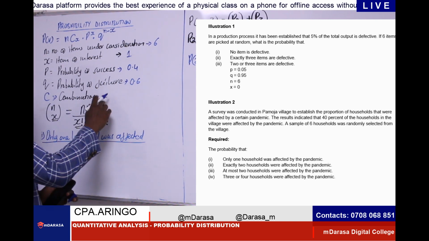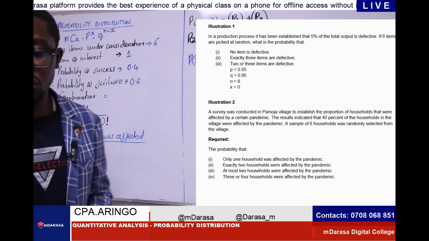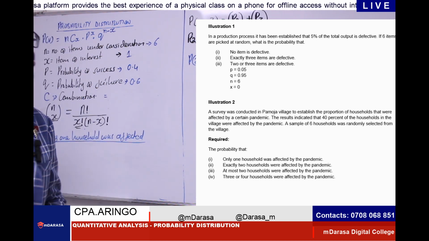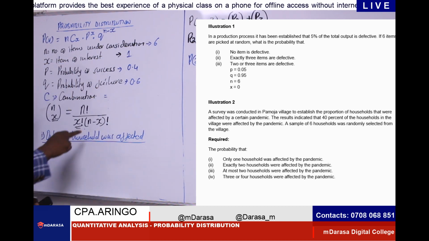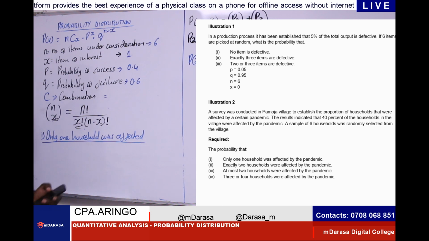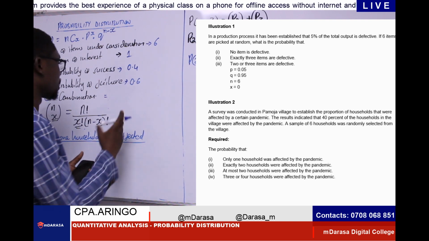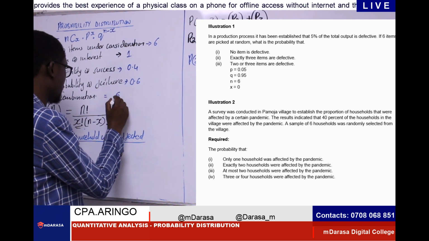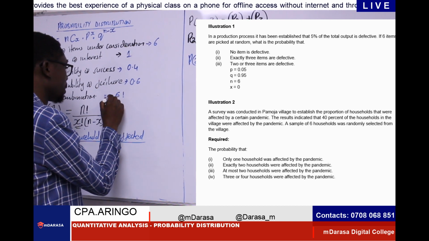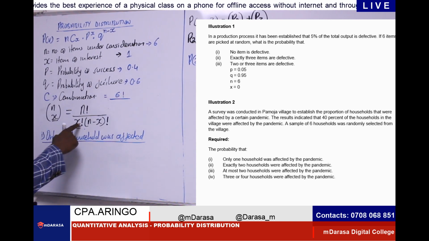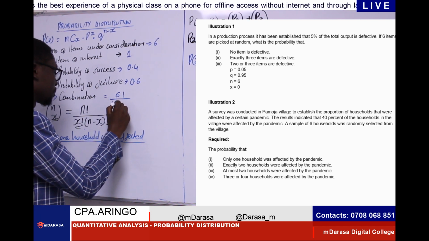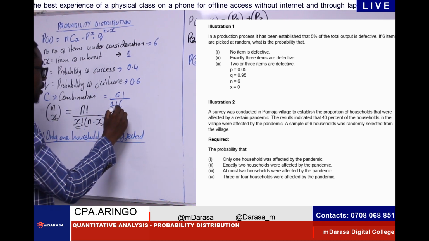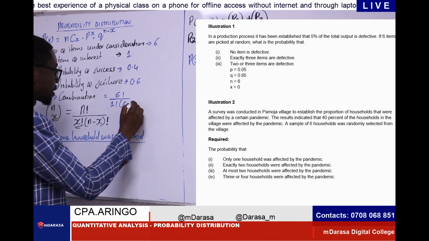Our task here is to determine the combination, or simply the binomial coefficient. We have this formula here, which Mwalimu guided us on in our other class. So what will we have? We have 6 into x, where x is 1, into n, which is 6, minus x, which is 1.